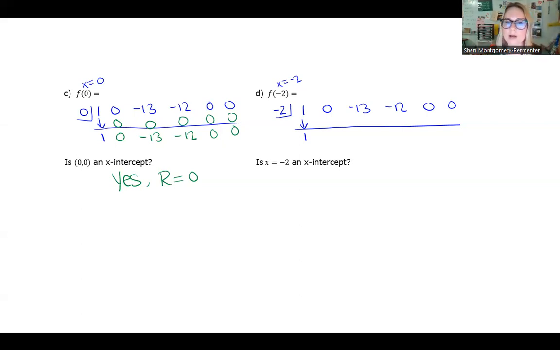All right, so I've got one. So the next one, I'm going to do it up on the board. I want y'all to do it on your paper and let's see if we get the same thing.